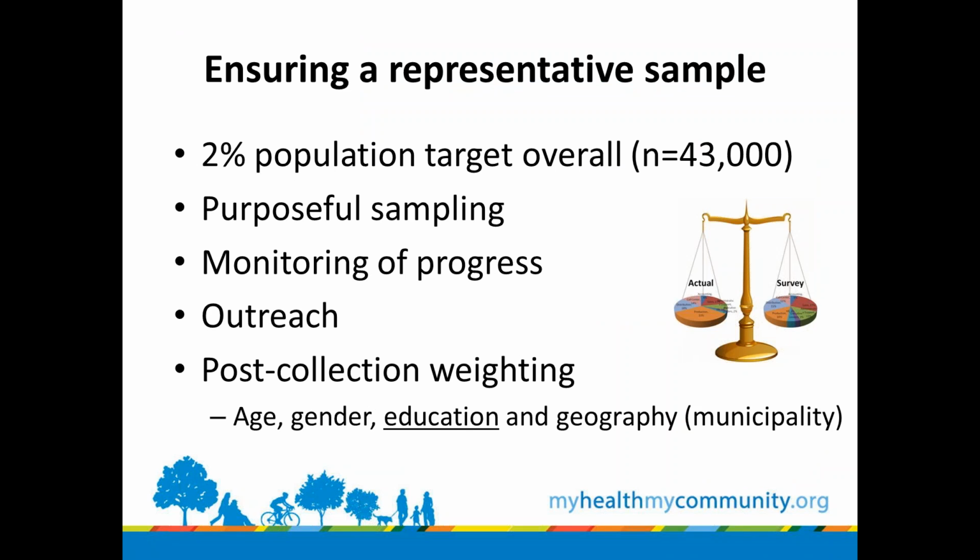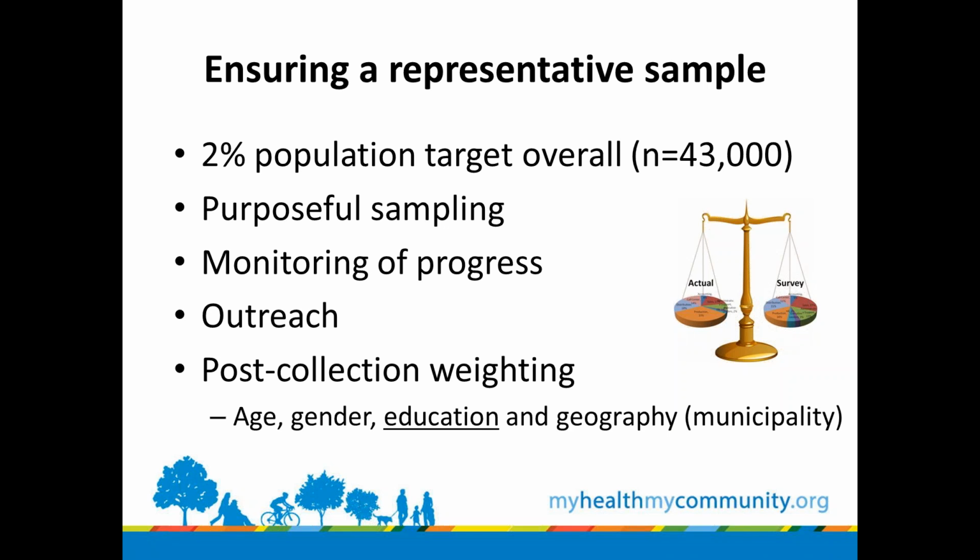And then we also did some targeted outreach, and that was really to make sure that we were getting a representative sample. So in order to get something that we could say actually represented our communities, we were looking for a 2% population target, which for Fraser Health and Vancouver Coastal Health meant we needed 43,000 surveys to be completed.